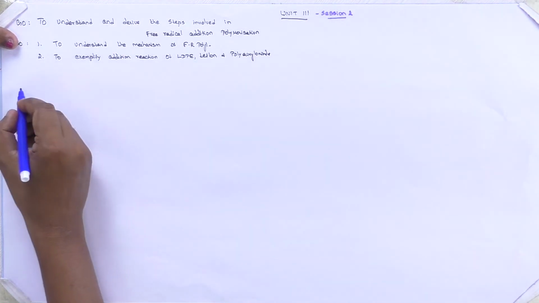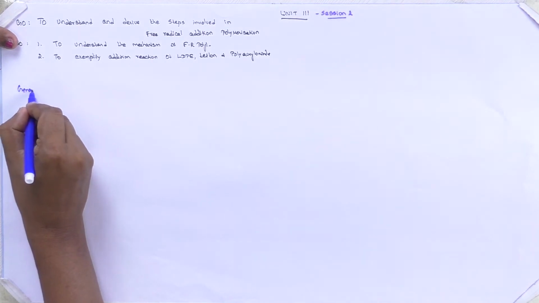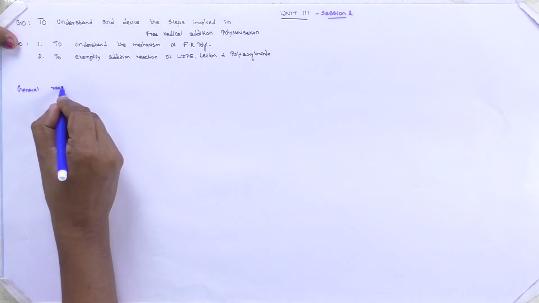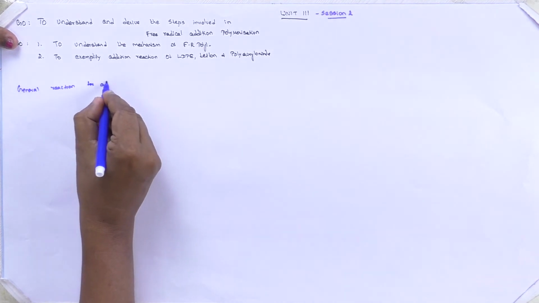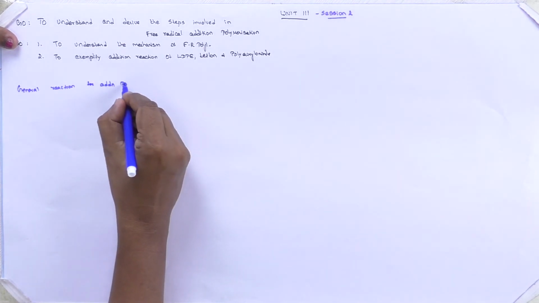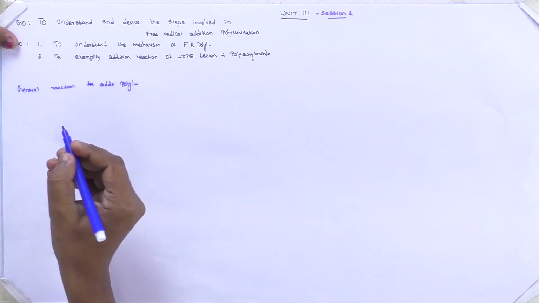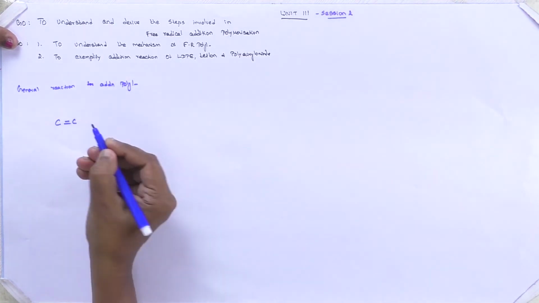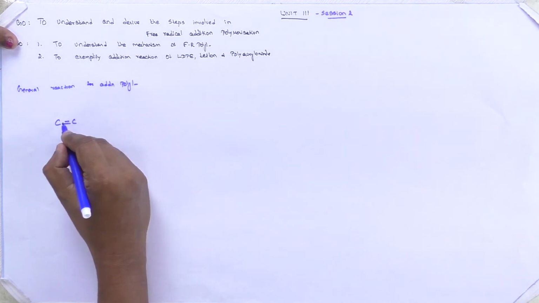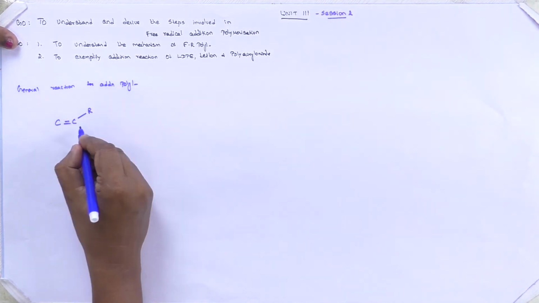Now, the general reaction for addition polymerization can be given something like this. Let us take a monomer, C double bond C, which is an olefin. You can see a monomer having a double bond.